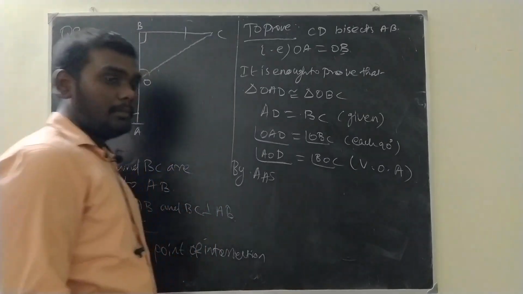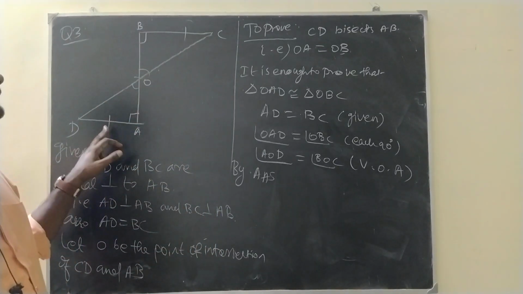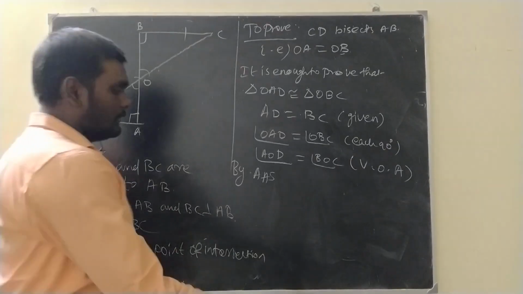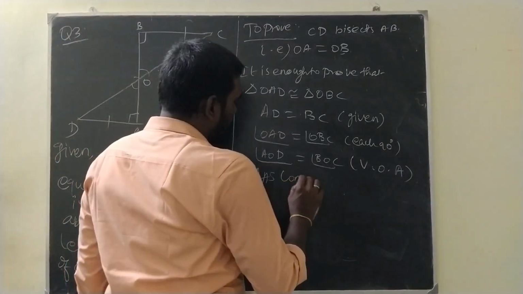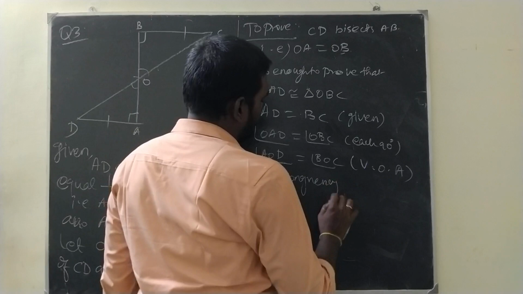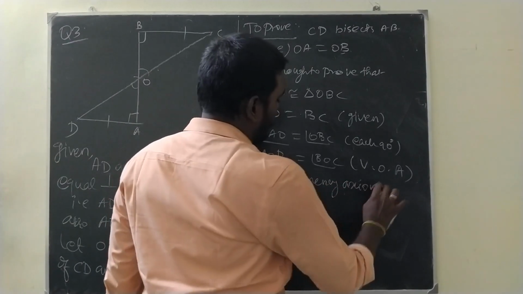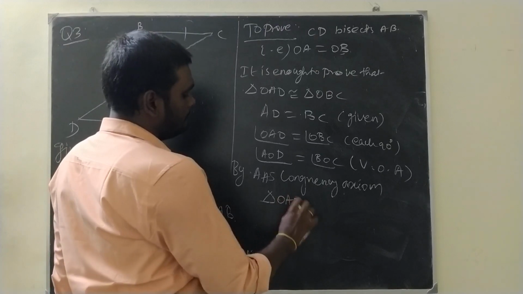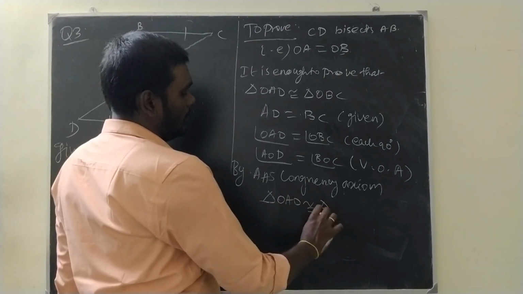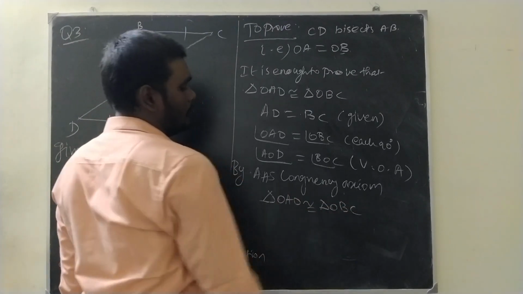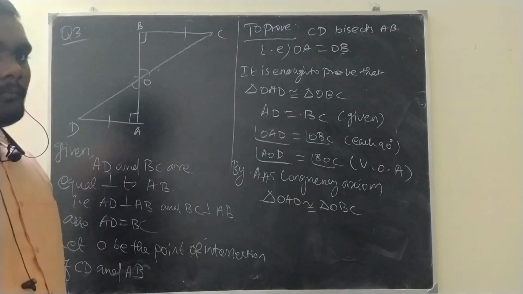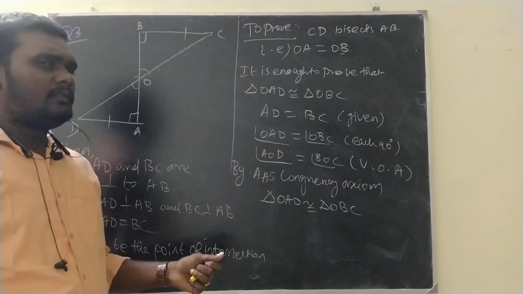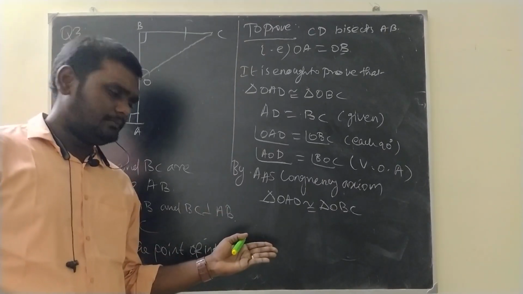Yes, not common, but that is the corresponding side. This 90 degree is involved in the side. So by the AAS congruency axiom, we can say triangle OAD is congruent to triangle OBC. Is that what we need to prove?